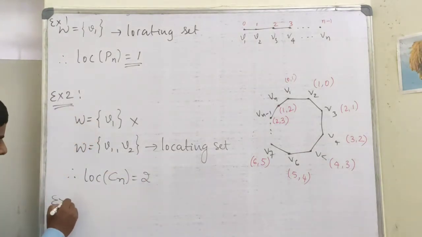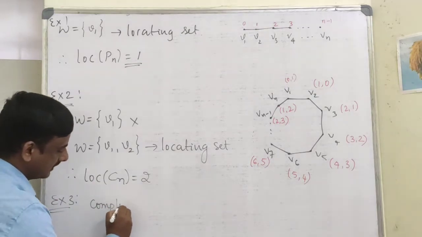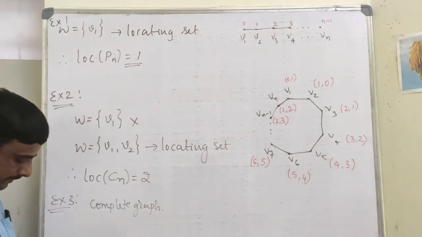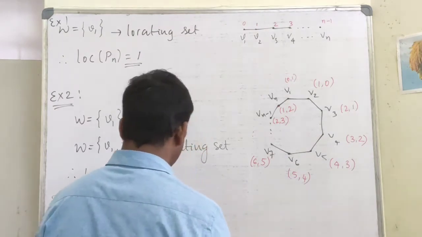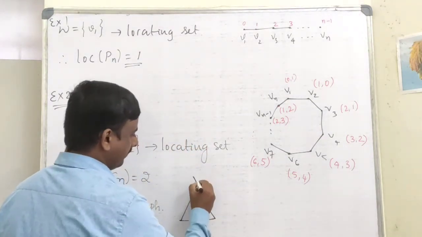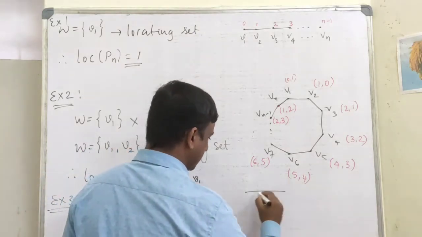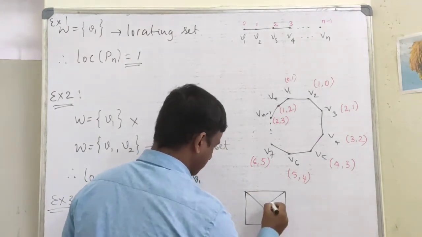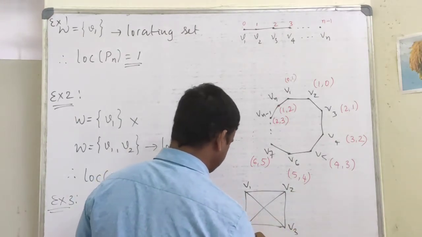Next, I will consider one more example. Example 3, complete graph. For example, let us take K3, with vertices V1, V2, V3. Similarly, let us take K4, with vertices V1, V2, V3, V4.